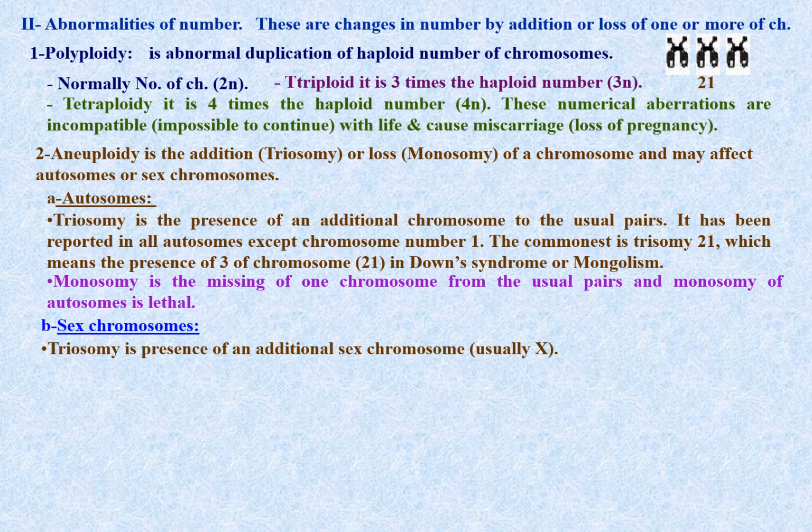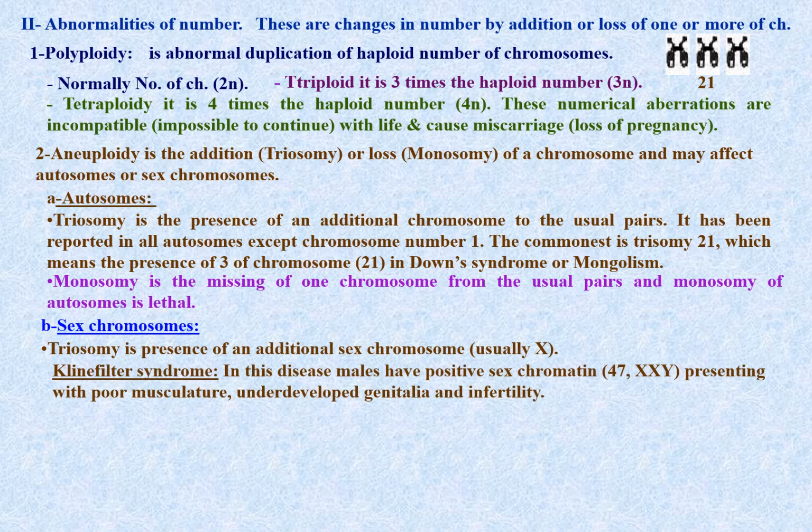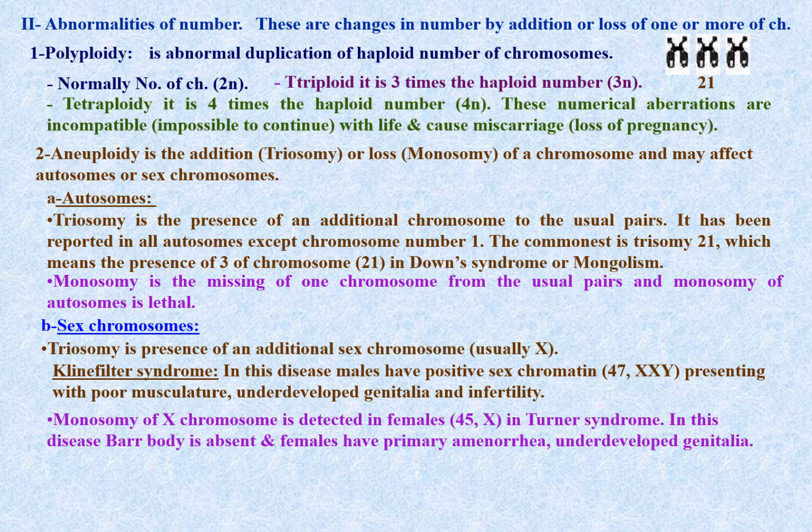Klinefelter syndrome: in this disease, males possess an extra sex chromosome and are positive for sex chromatin. Such males have poor sex differentiation, poor musculature, infertility, and are liable to breast cancer.